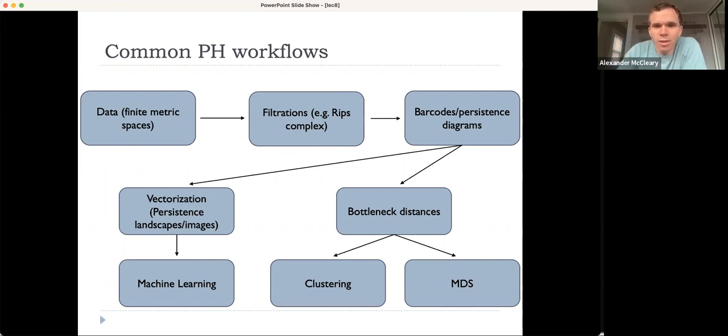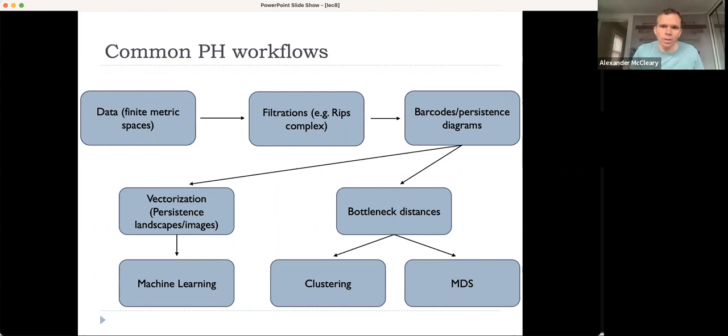Then we take those finite metric spaces and turn them into filtrations for persistent homology. Oftentimes the ones used are Rips filtrations, although there are other choices as well. Now we're going to take these filtrations and turn them into barcodes, or persistence diagrams equivalently.